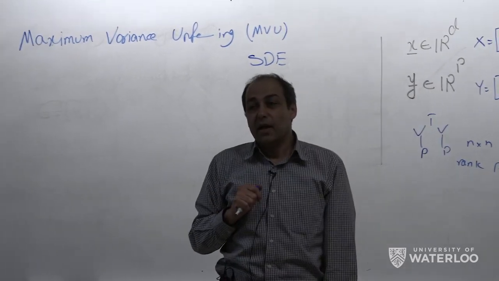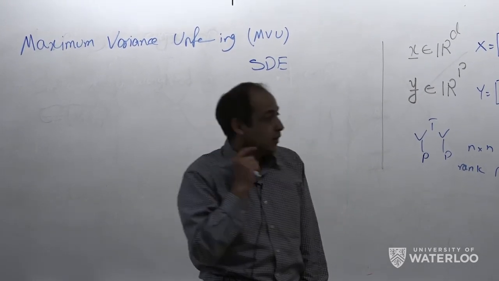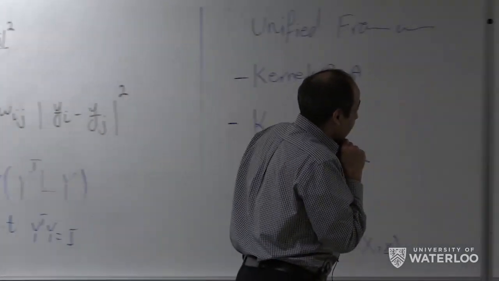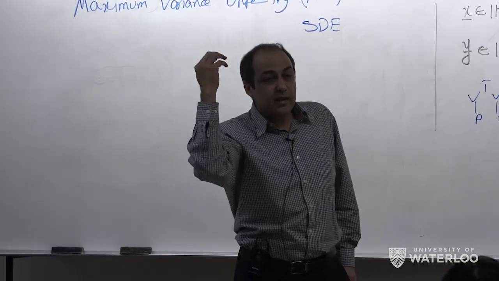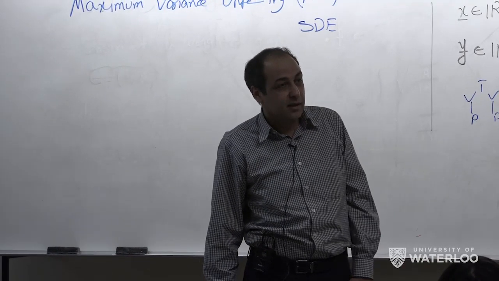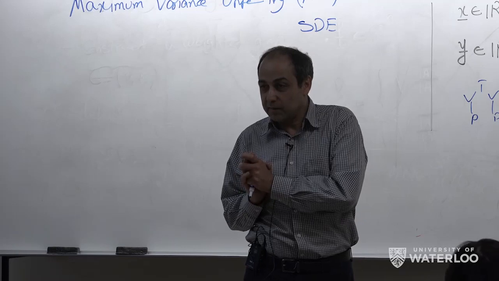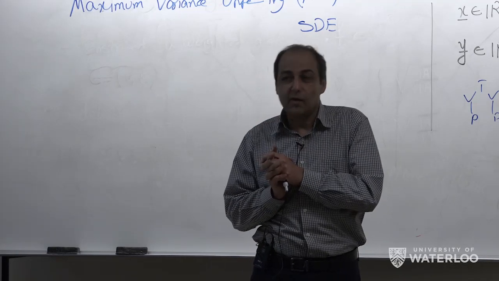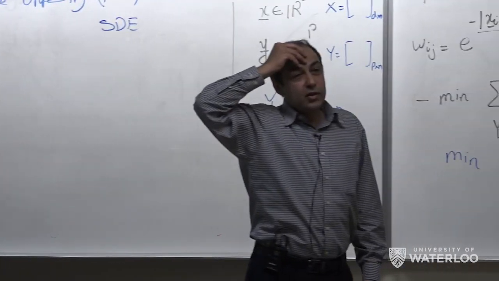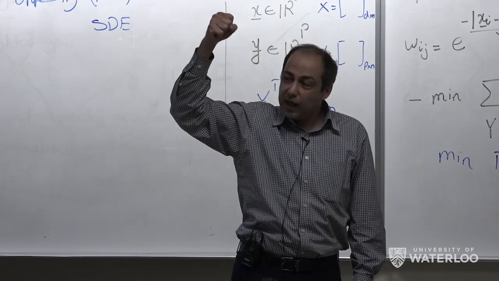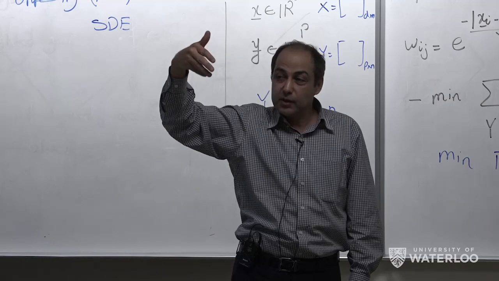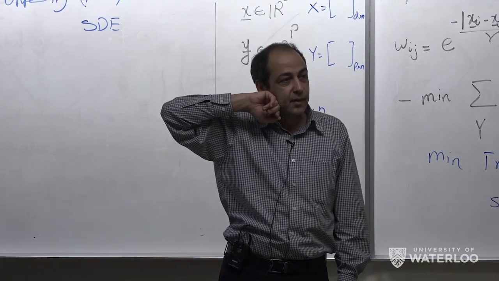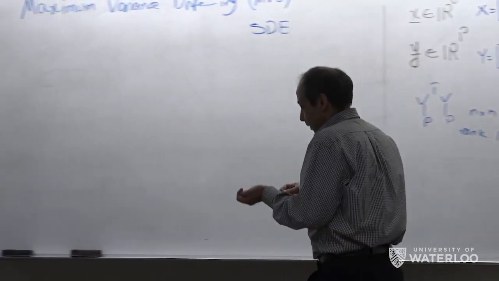So what's the idea of maximum variance unfolding? The idea is that, okay, in all of these algorithms, you have a kernel that you have to decompose. Let's not assume any kernel at the beginning. Let's set up an optimization problem and solve for K. What is the optimal K? Through an optimization process, try to find a K which is best for dimensionality reduction, and then do eigen decomposition on that kernel.